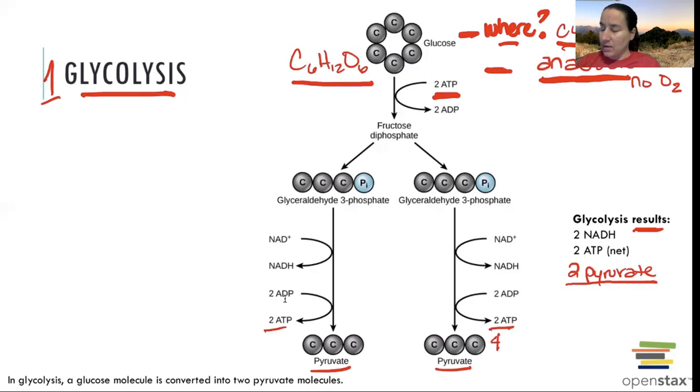We gained 4 ATPs, but it cost us 2 to even start off the reaction. We only end up with netting 2. So let's say that again. We produced 4. Yay, we made 4 ATPs, but it cost us 2 to get the whole ball rolling on this process. So we end up netting 2 ATPs.